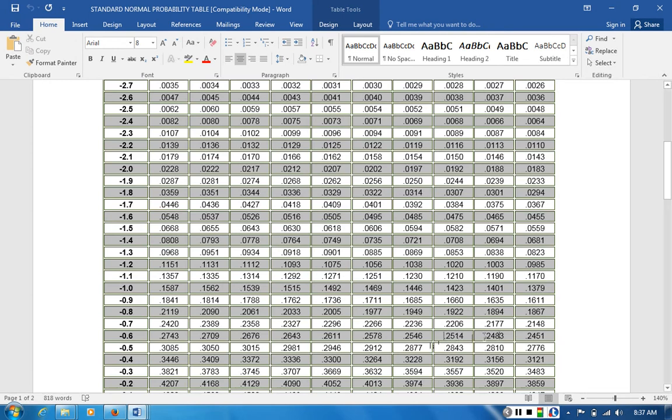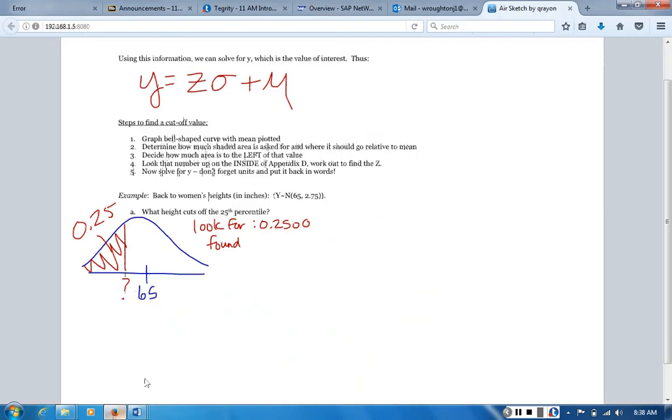If you pick either of these numbers, I'm going to be happy with you. This one's a tiny bit closer to 0.2500, so that's why I'm going to pick that one. So I'm going to say then that I found 0.2514.